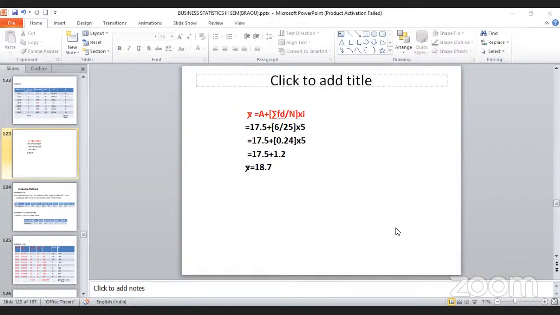So 6 divided by 25, N is 25, and I, the difference, is 5. So 17.5 plus 6 by 25 into 5, that is 1.2. Got my point? The mean is 18.7.